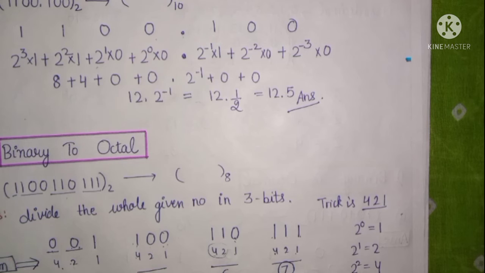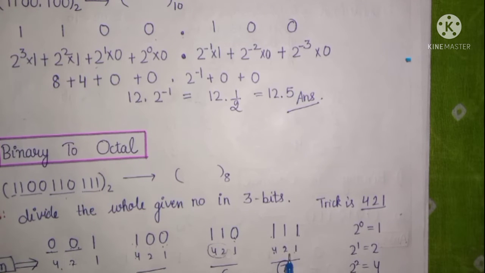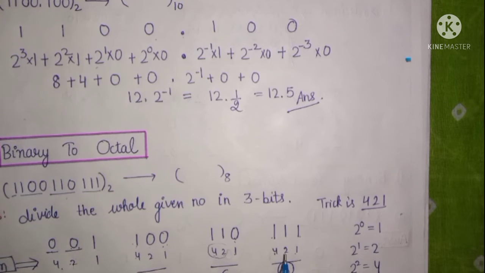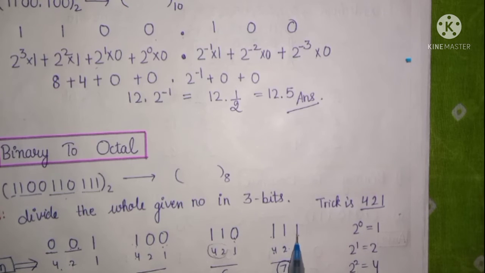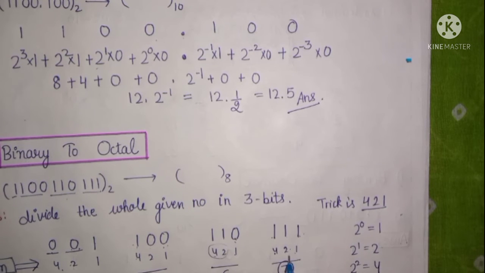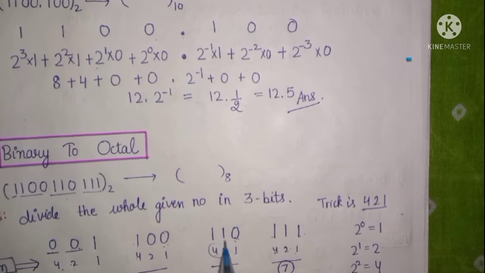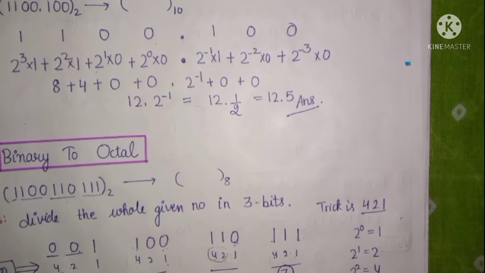Now the trick is 4 2 1. So you have to write this trick 4 2 1 under every bit, to remember it in a better way. Now you only have to add the digits which have 1 written above them, like 111. So you have to add 4 + 2 + 1, that is 7. Now here 0 is written, so you don't add it, only the 1s: 4 + 2 = 6. Here 1 is written, so what is under that 1 is 4. You don't need to add those where it is 0. Now here it is also 0, so we can't add 4 + 2. Here 1 is written, and it is a 1 bit, so we write 1. So it is our answer.